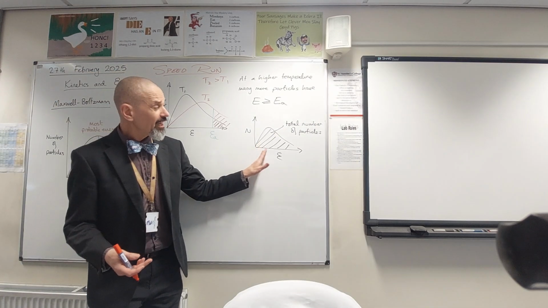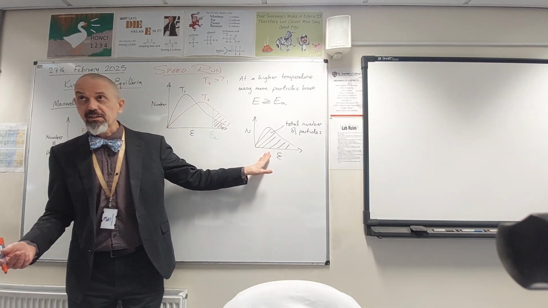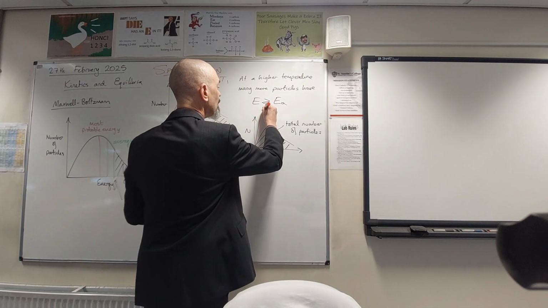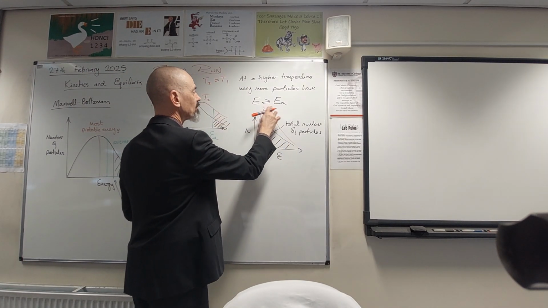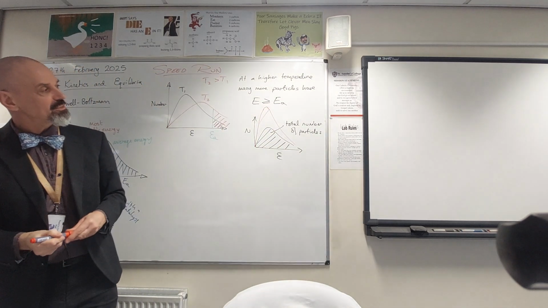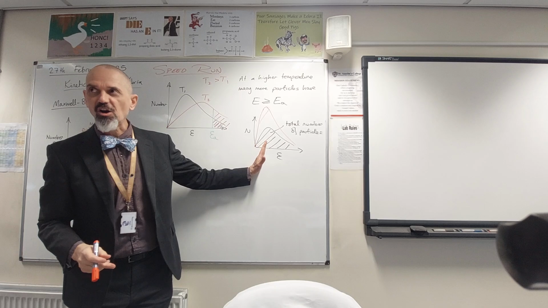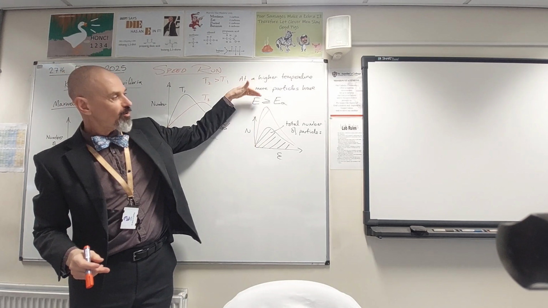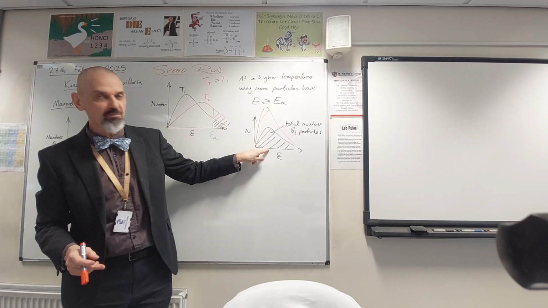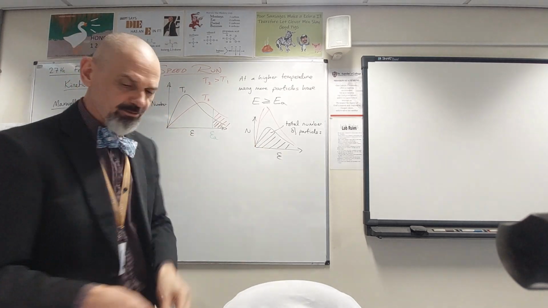So if the temperature's the same, then the average kinetic energy must be the same, so the bump must be in the same place. There we go. Okay, so I've got twice as many particles, so I've got a bump which is twice the height, but the middle of the bump, the top of the bump, should be, what colour was it last time? Brown.